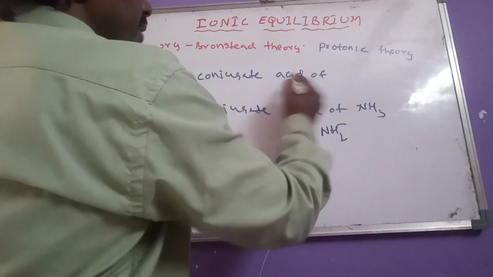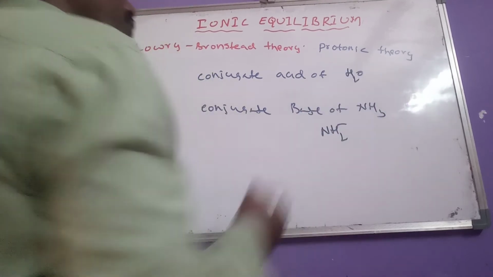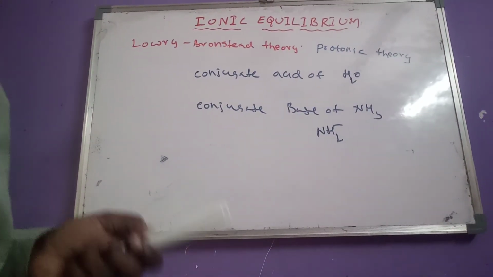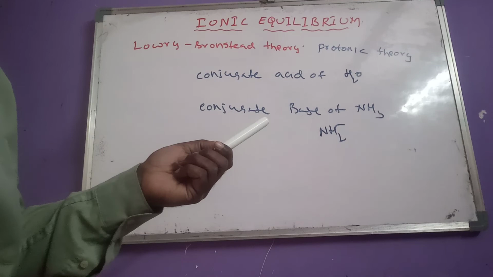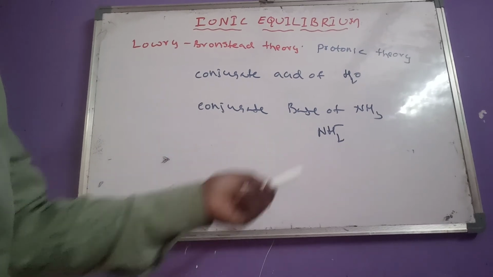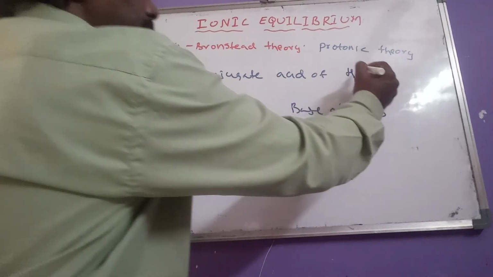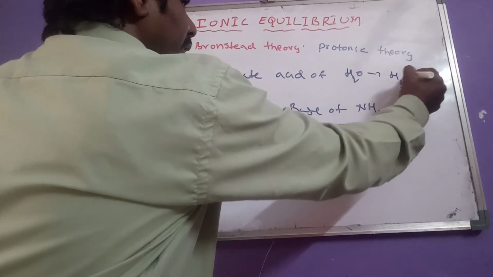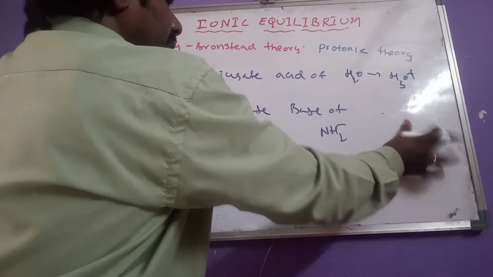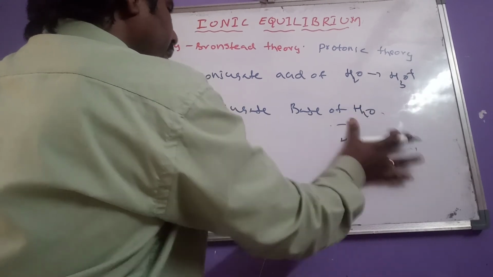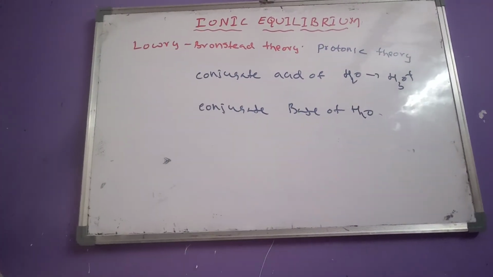Now, what is the conjugate acid of H2O? Conjugate acid of H2O means it should act as a base. It should act as a base means it should gain one proton, should accept one proton. So by accepting one proton, now this will give H3O plus. The same question, what is the conjugate base of H2O?